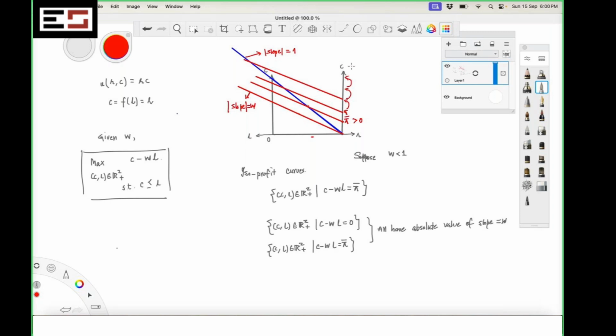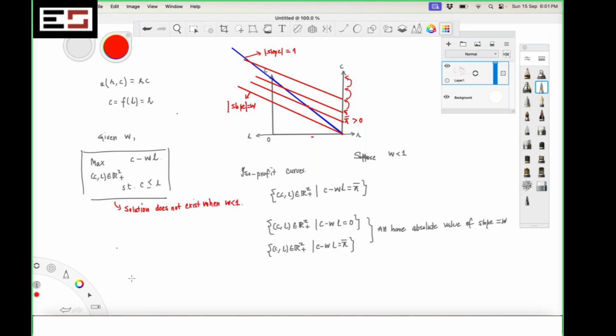And there is no maximum, there is no point where the profits are maximized, right? Because you can make infinite profits here. Have you understood this? So the solution to this problem does not exist when W is less than 1.